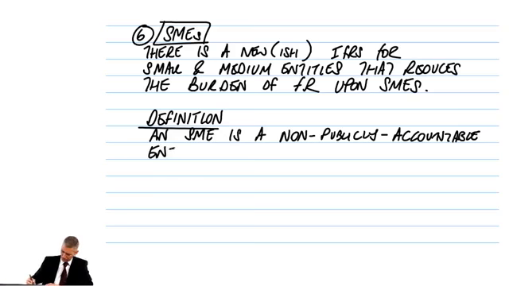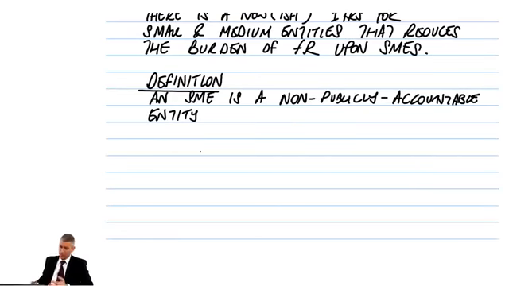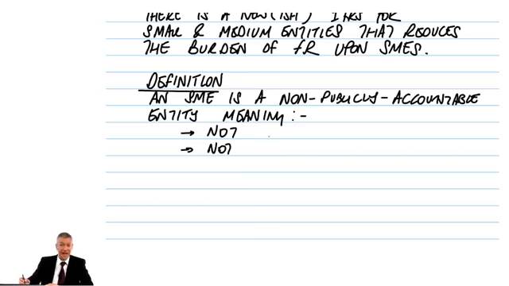Ugh, it's a disgusting phrase. Doesn't scan at all, does it? But that's what the IFRS says. An SME is a non-publicly accountable entity, meaning not this and not that.